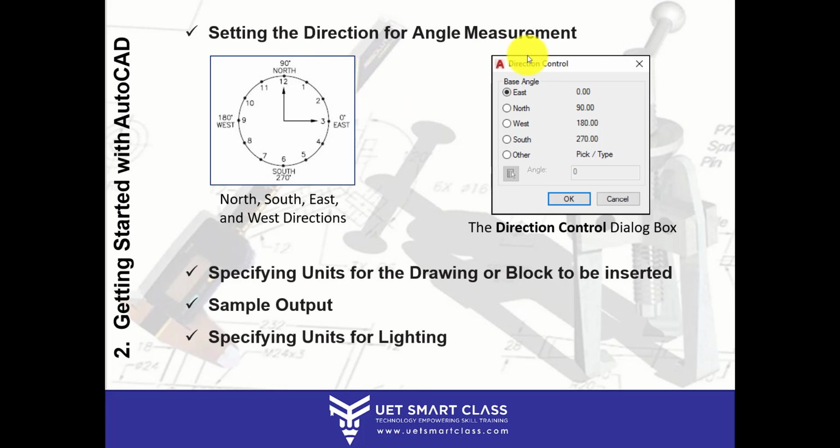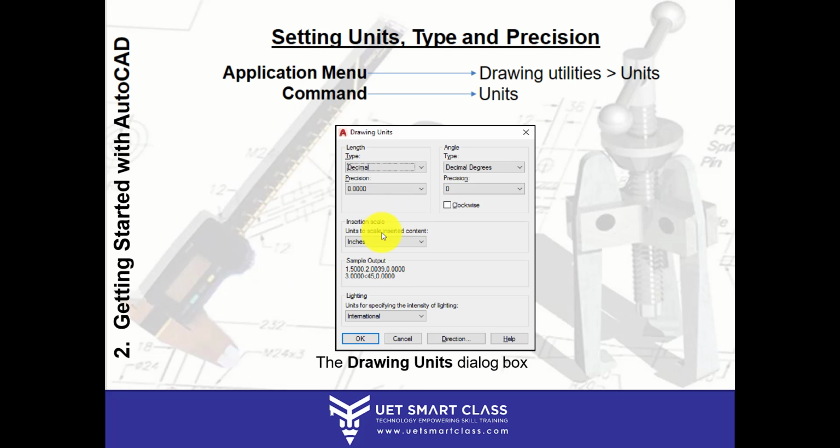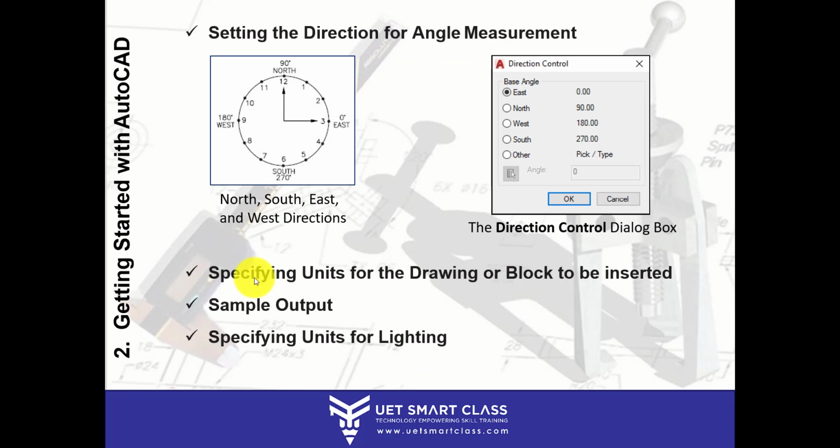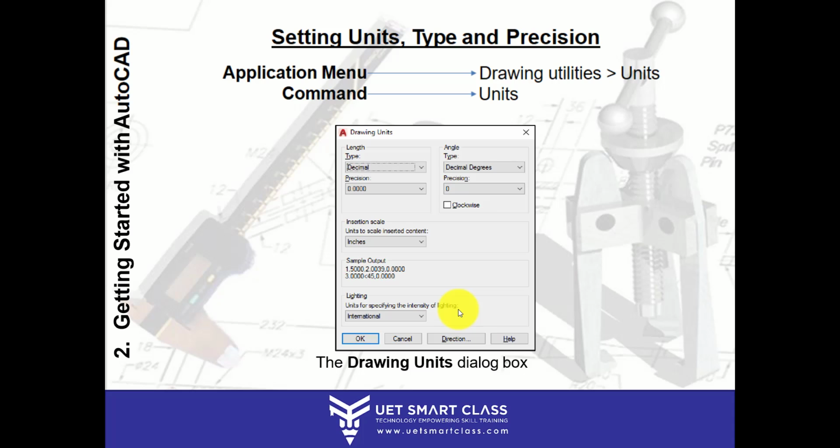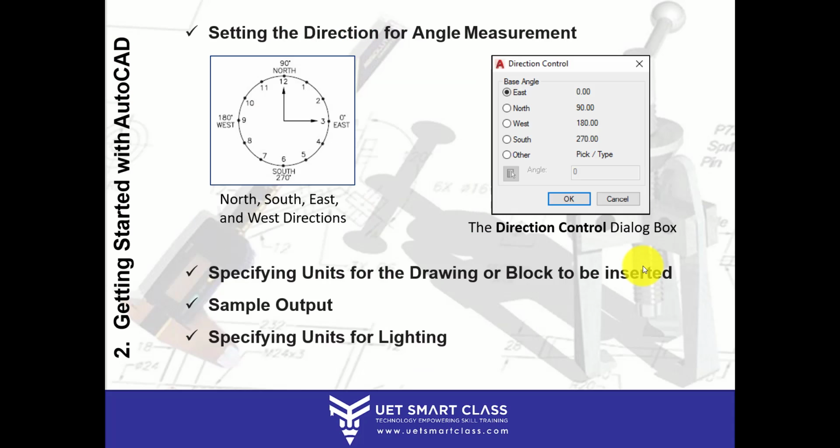You can also set the direction for angle measurements. I had shown you the direction control dialog box. We have already discussed this. This is here in the dialog box, if you see. Insertion scale, basically. Alright. So the block will also change to the same scale. Alright. Sample output. It is a sample when you change your type. It is shown here, the preview basically. And last one, the lighting, we have already discussed.